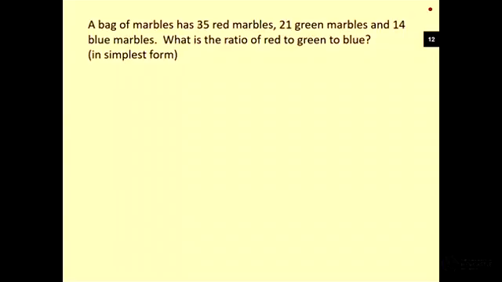A bag of marbles has 35 red marbles, 21 green marbles, and 14 blue marbles. So first I write down the order I'm writing them in. 35 of the reds, 21 of the greens, and 14 of the blues. And then I just look for a common factor between all of them, which is not 2 and it's not 3. 7. 7's looking good.